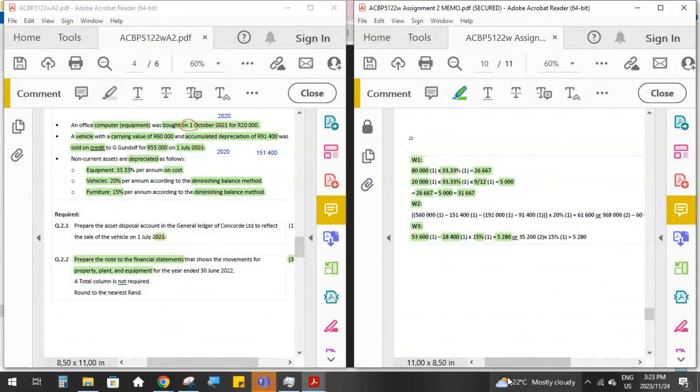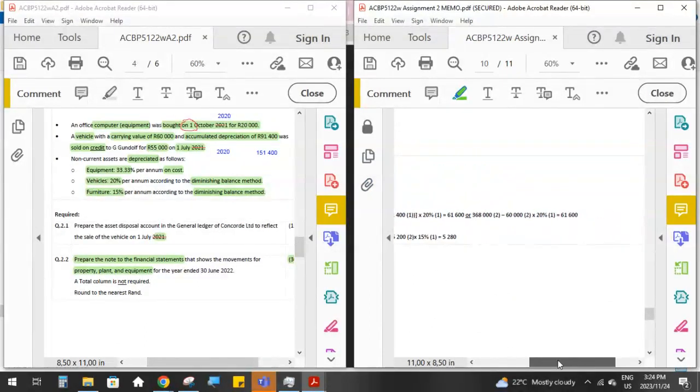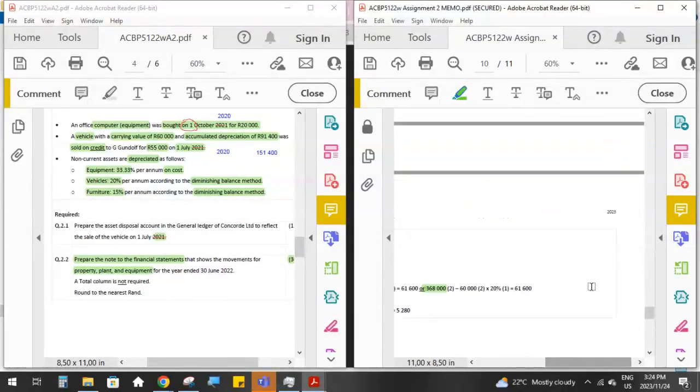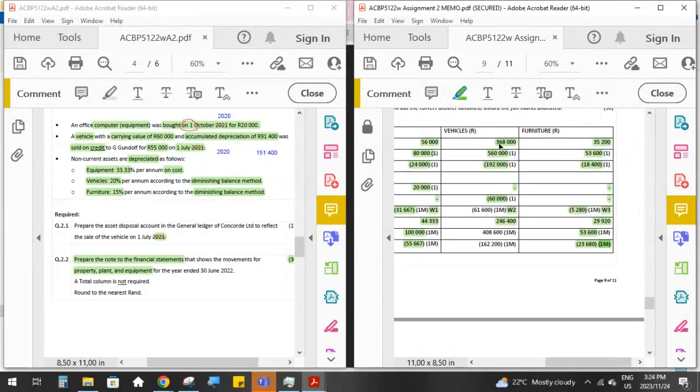And we have got 368,000, the opening carrying value for vehicles.